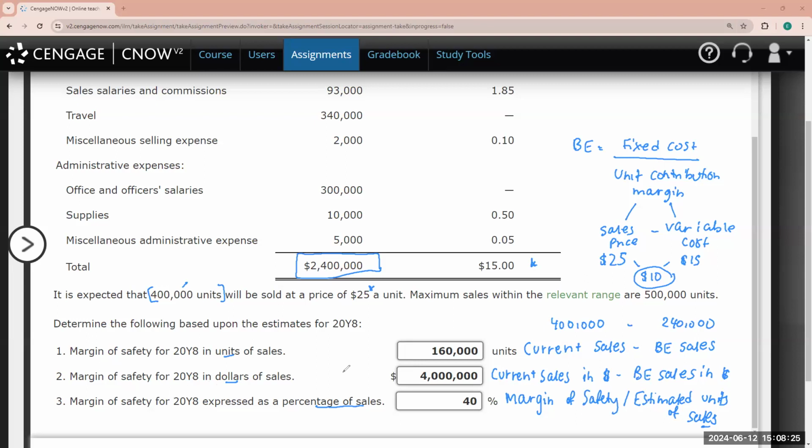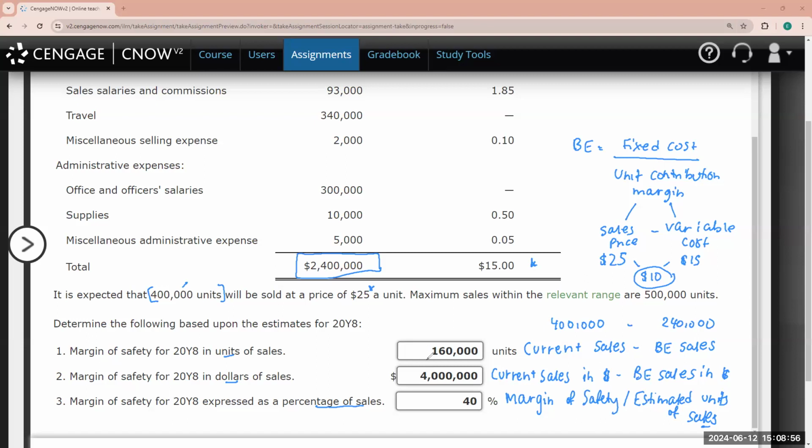For our margin of safety in dollars, we multiplied our expected selling units of 400,000 by $25. That gave us 10 million. And we subtracted our break-even sales in dollars, 240,000 units multiplied by $25 a unit. That gave us 6 million. So 10 million, our current sales in dollars, minus our break-even sales in dollars of 6 million gave us a margin of safety of 4 million.